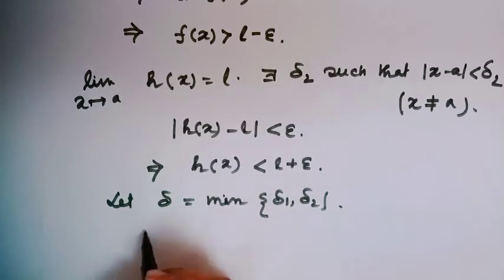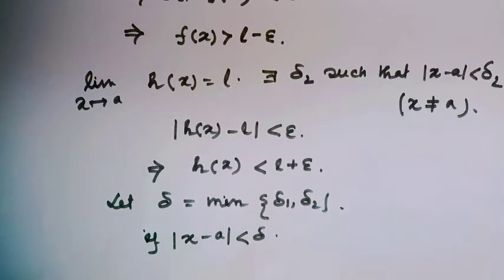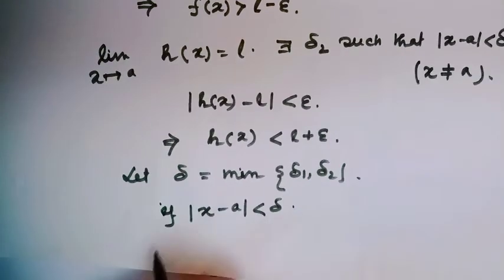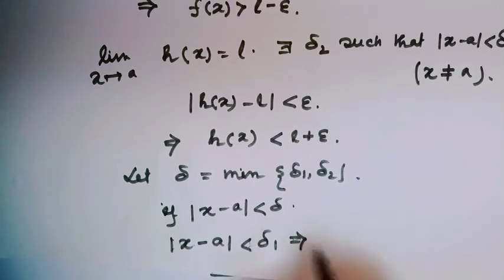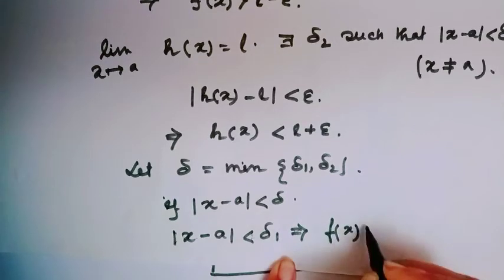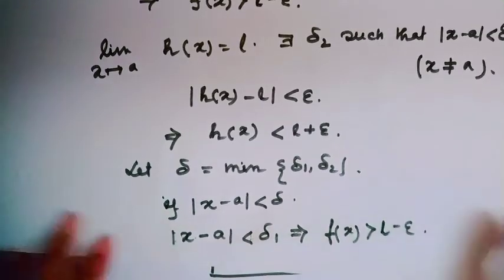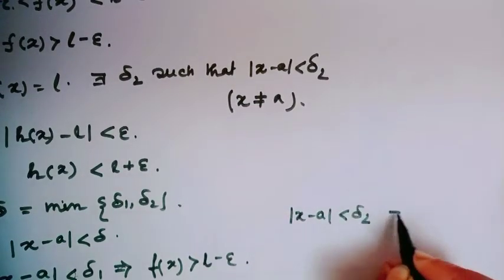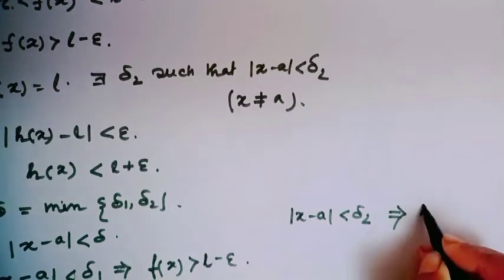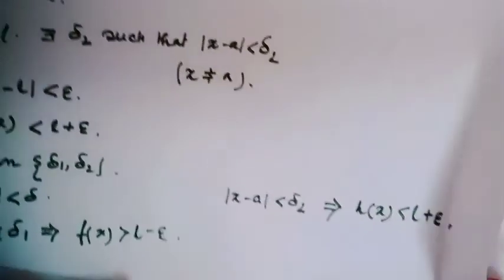Then if the absolute value of x minus a is less than delta, then the absolute value of x minus a less than delta 1 implies f(x) greater than L minus epsilon, and the absolute value of x minus a less than delta 2 implies h(x) less than L plus epsilon. What can we say about g?